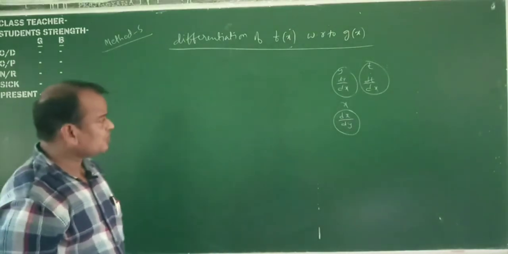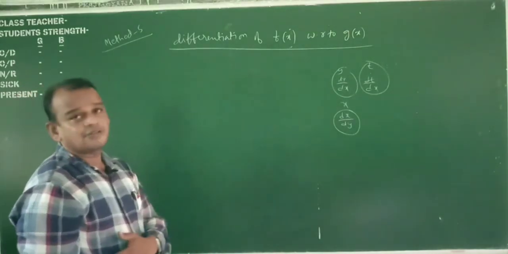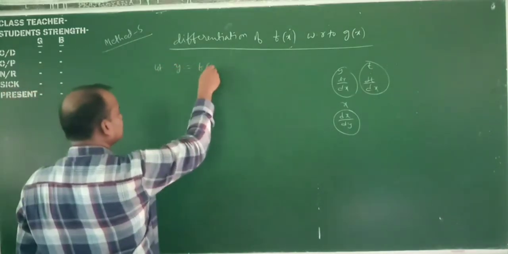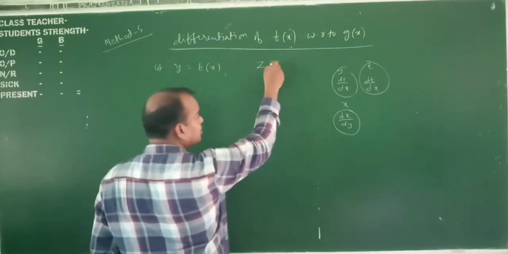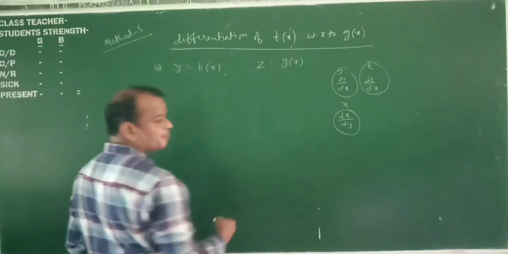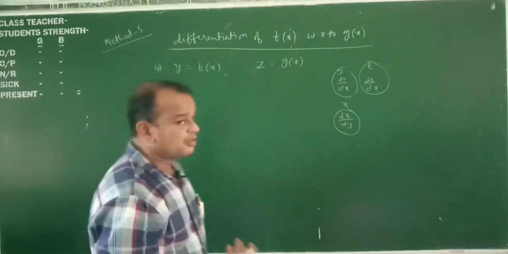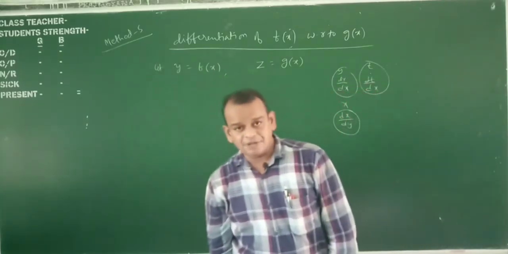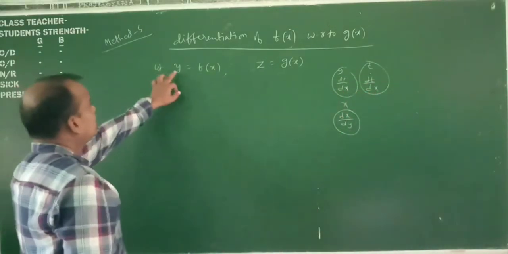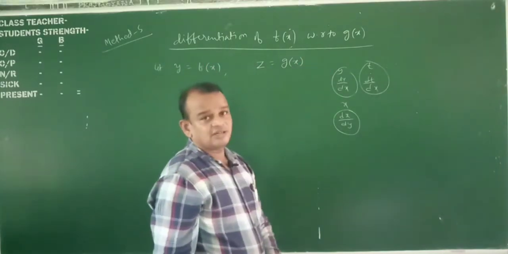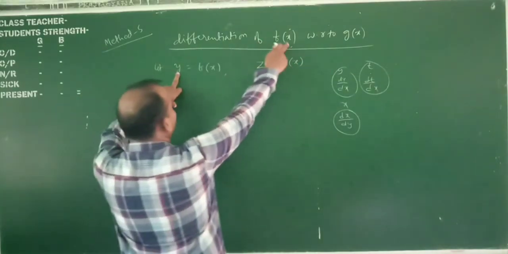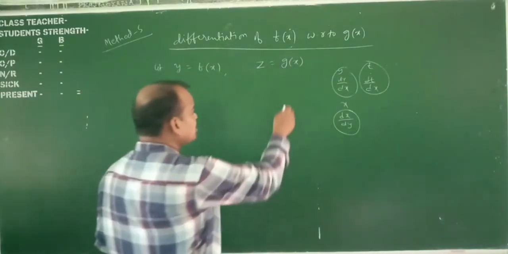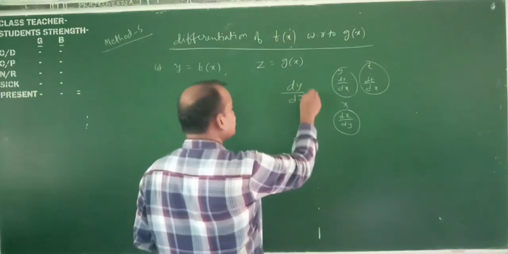Now, here is the differentiation of a function with respect to another function. Suppose let y is equal to f of x be one function, and z is equal to g of x be the other function. What is clearly observed is the differentiation of y with respect to z, that is dy by dz, which we find.